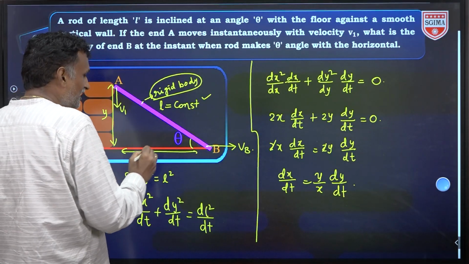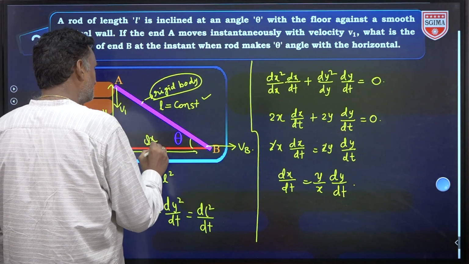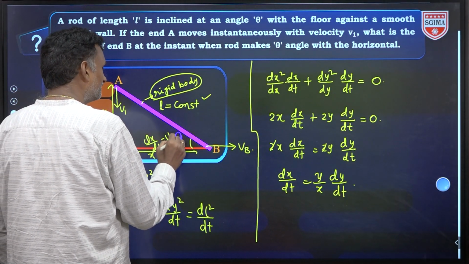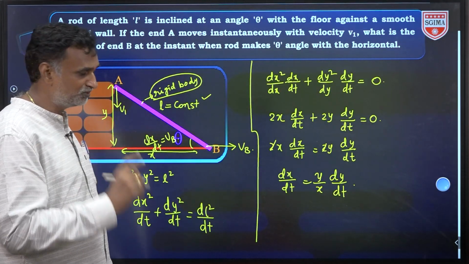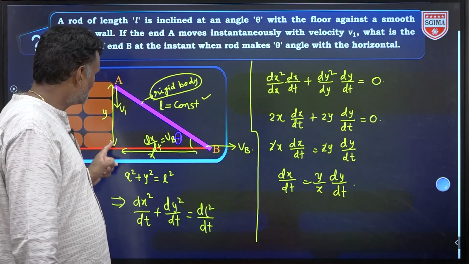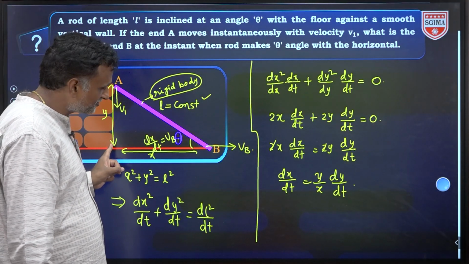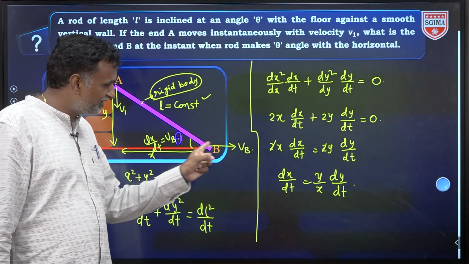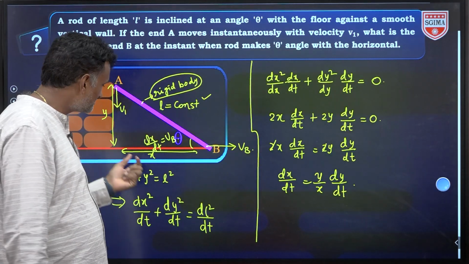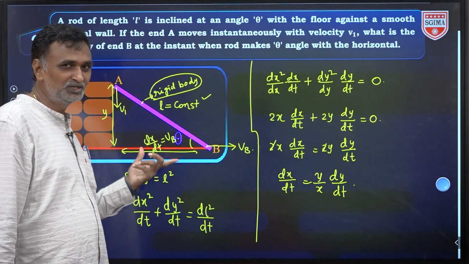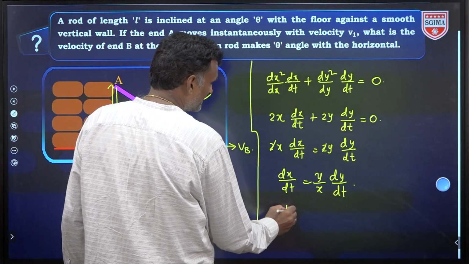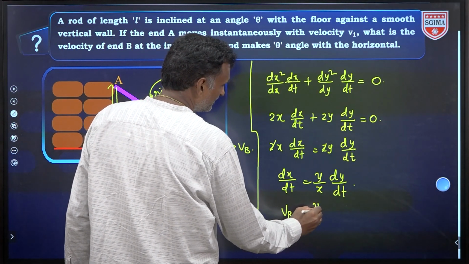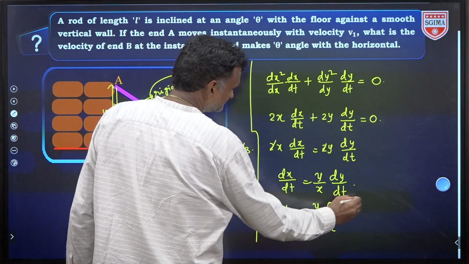So where I find dx/dt, we can write Vb. And as time passes, end B is moving to the right side, which means the length x is increasing, so we have a positive value. So we can write simply Vb equals y by x times the next term, dy/dt.